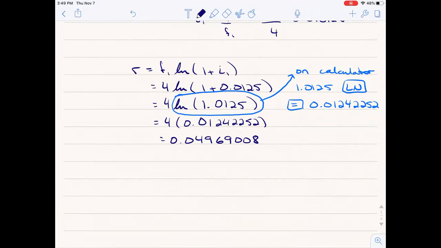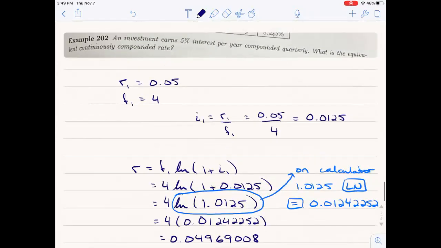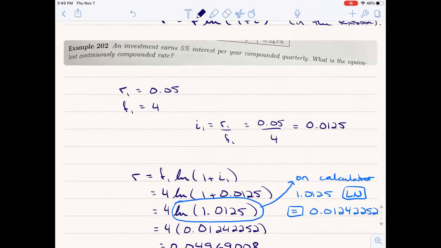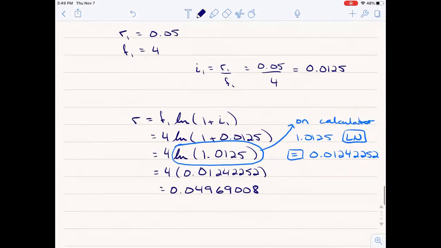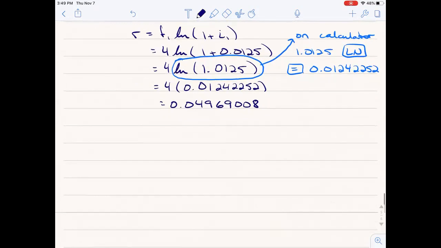So what does that mean? Well, we moved from a rate of 5% compounded quarterly, which is equivalent to 4.97% compounded continuously. Not a huge difference. Well, I mean, sort of, but not really.